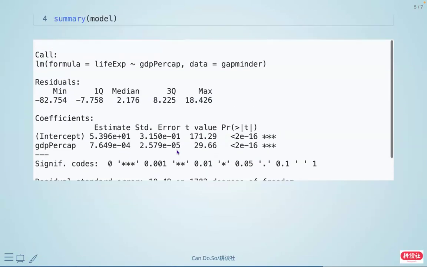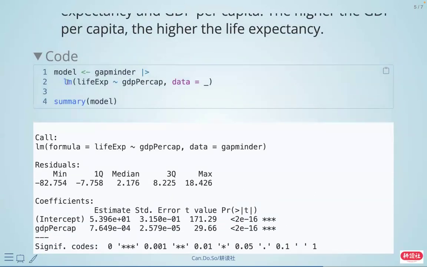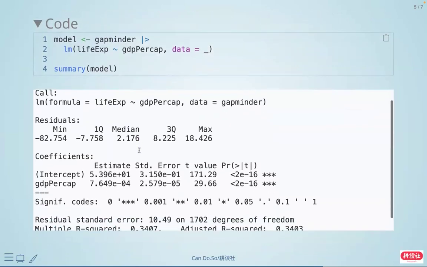Okay, now we can use lm, which means linear model, and life expectancy is the Y dependent variable, and GDP per capita is the independent variable, and we use the data as this. We use summary to display the model outcome.